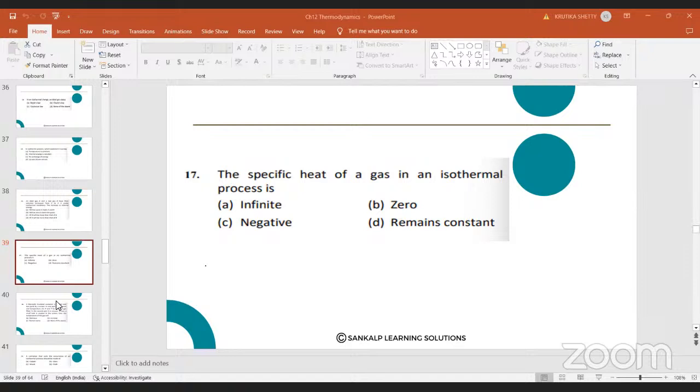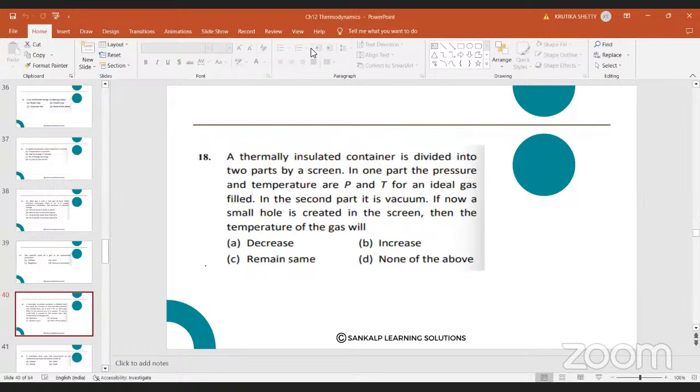A thermally insulated container is divided into two parts by a screen. In one part, the pressure and temperature are P and T for an ideal gas. In the second part, it is vacuum. So in one part only the pressure and the temperature are there, and the other part is vacuum.